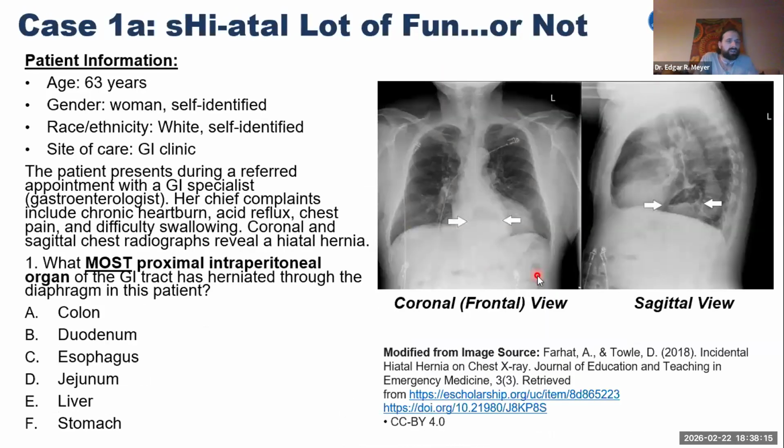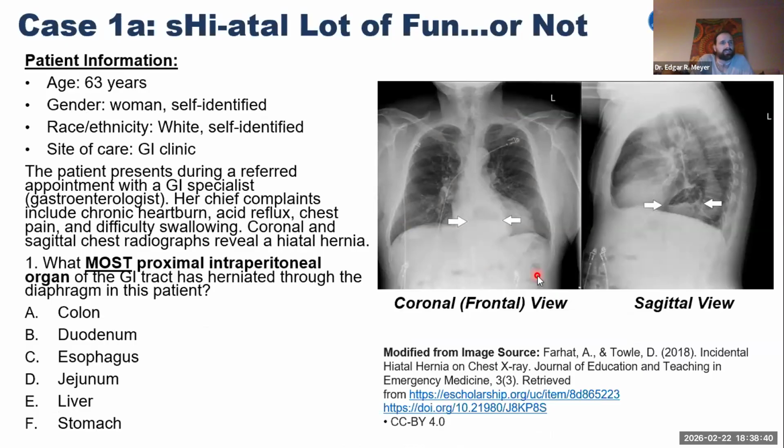All right, so we're going to introduce a case here. So we have a patient here, age 63 years. She self-identifies as woman, self-identifies as white. She presents at her GI clinic.